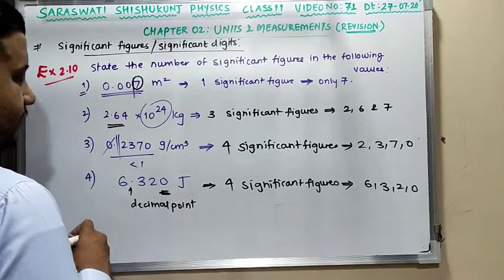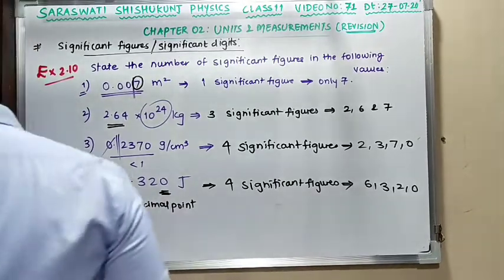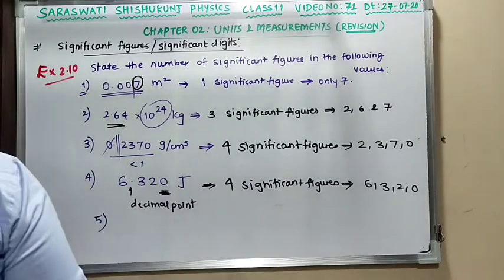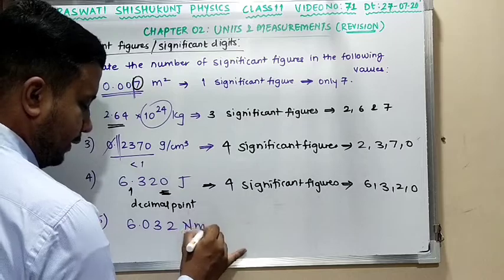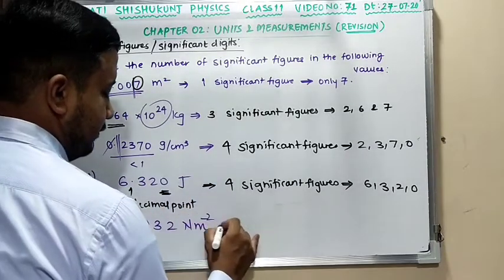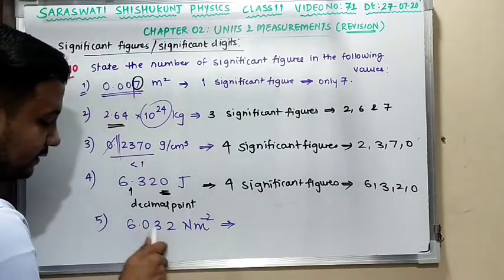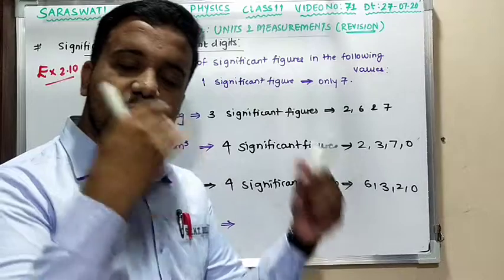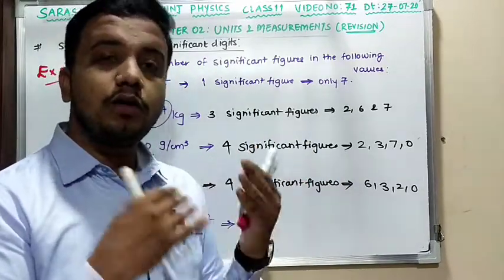Till this clear? The fifth question we have is 6.032 Newton per meter square. Now think here: a 0 lying between two non-zero digits is considered significant, whether the decimal point is there or not.